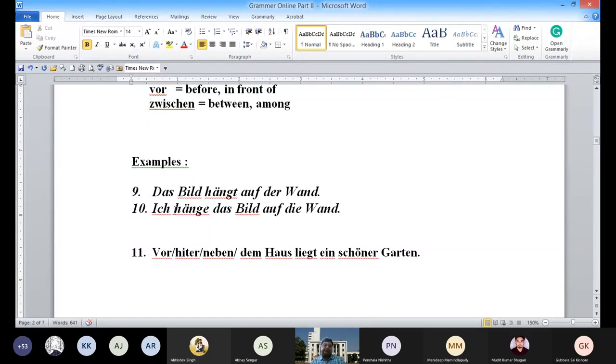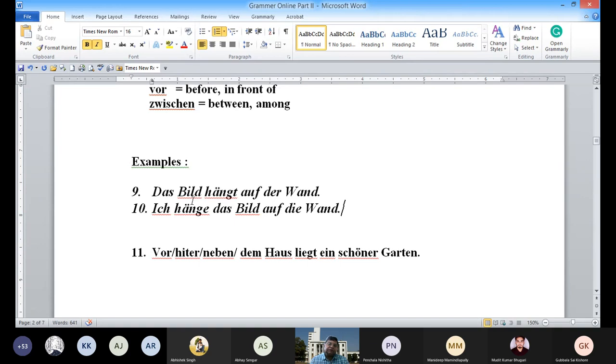And the second sentence is: Ich hänge das Bild auf die Wand. So what is the difference? First, Bild means picture. Hängt has come from the verb hängen. What is the meaning of hängen? To hang. And Wand, what is the meaning of Wand? Wall.